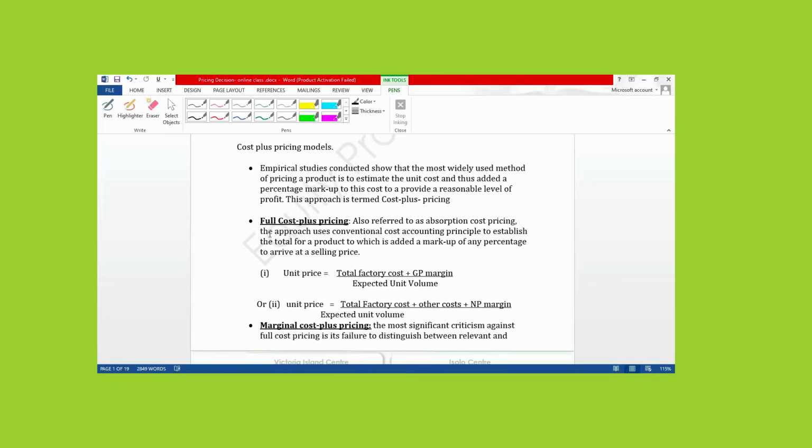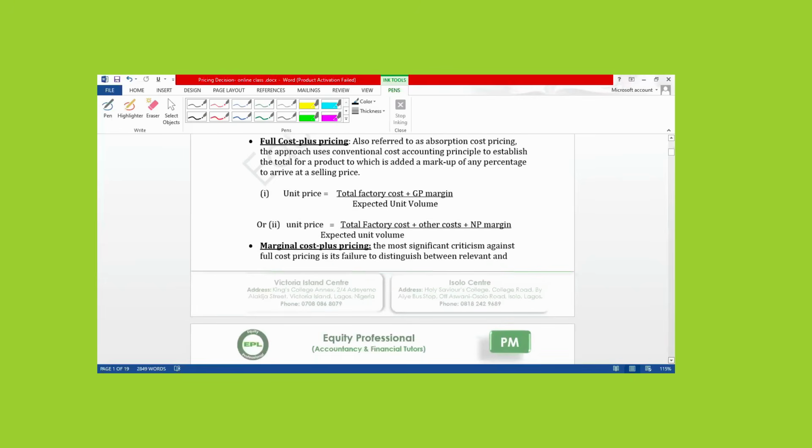We also discussed marginal cost plus pricing. Under marginal cost plus pricing, selling price is determined by considering only the variable cost.